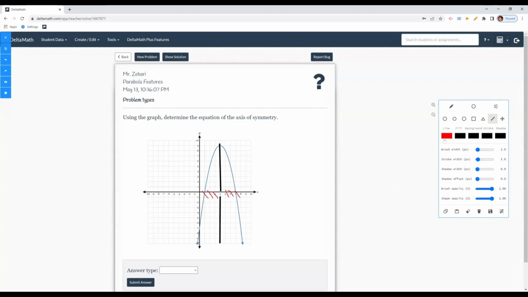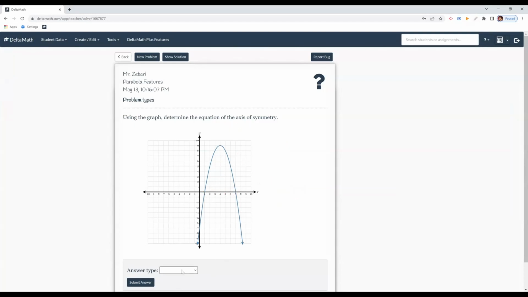So now we have the coordinate 4 and 0. Now how do we put this into an equation? X is equal to what? You got it, 4. That is our equation for the axis of symmetry: x is equal to 4. So let's jot that in real quick.